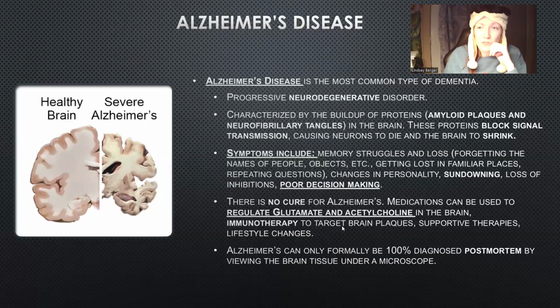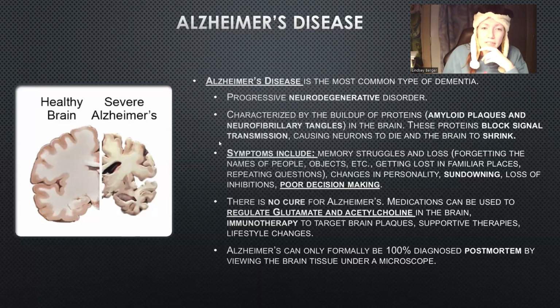It can be a complete personality switch, and it's very hard for families to see that because the person with the condition doesn't realize what's going on. They don't realize they're being irritable and grumpy at their family. They're just mad at whatever it is. And your family is like, but that's not grandma, that's not auntie. So it can be really hard.